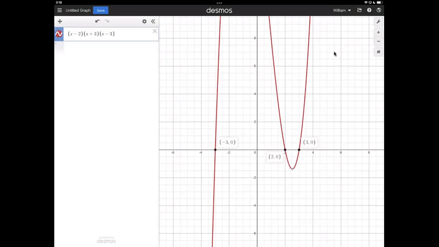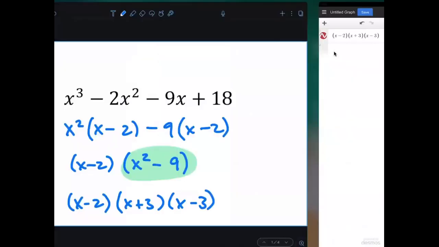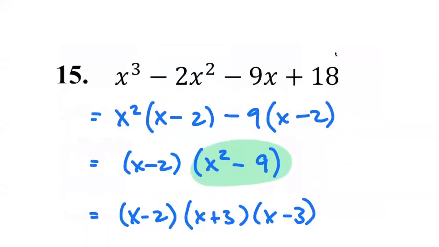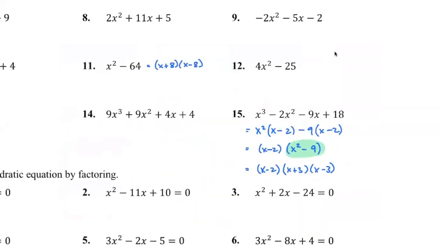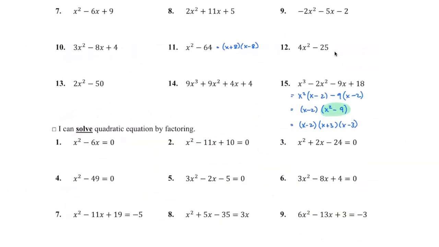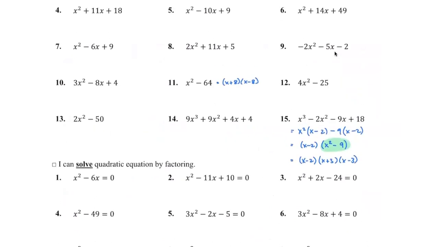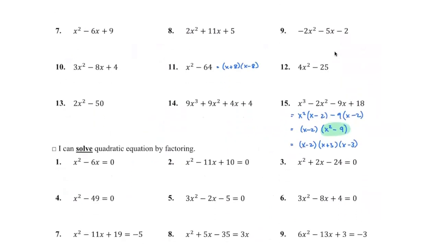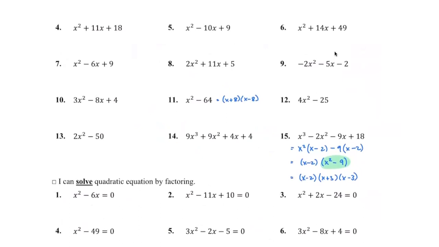And where are they? At (2, 0), (3, 0), and (-3, 0). So that's really why we keep factoring: to be prepared for future topics, when we do all this graphing stuff.